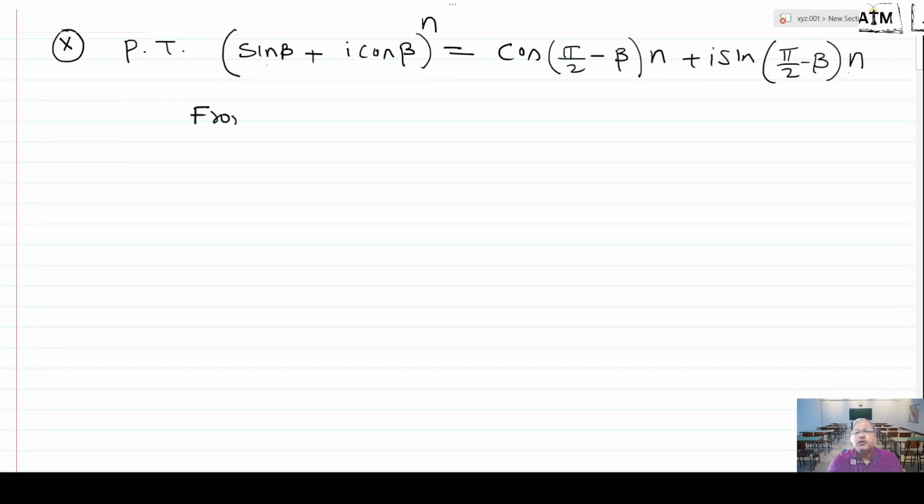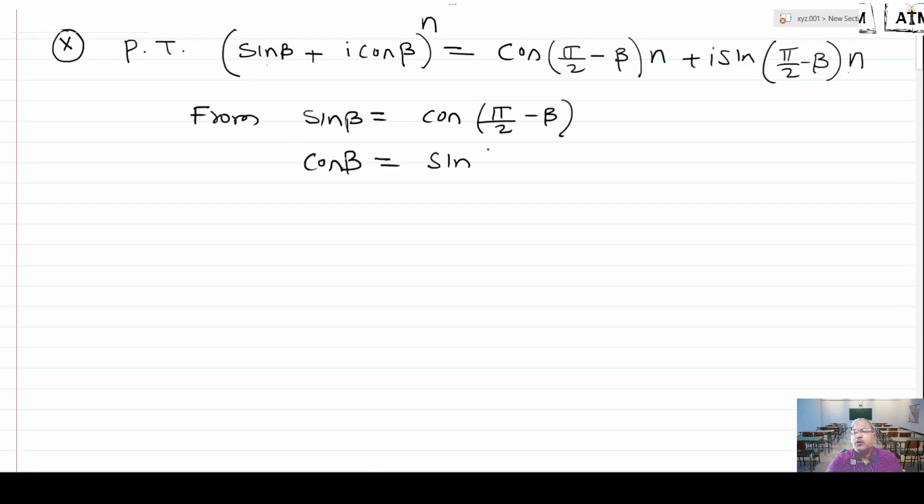From basic trigonometry, sin beta can be written as cos of (pi by 2 minus beta), and cos beta can be written as sin of (pi by 2 minus beta).